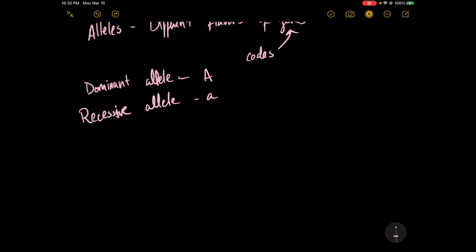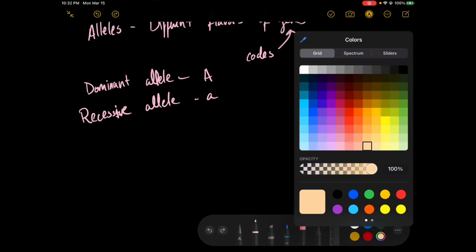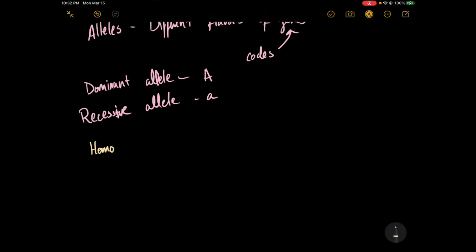Another couple of terms that we want to recognize are homozygous dominant, which means that both alleles that a person has are dominant alleles.